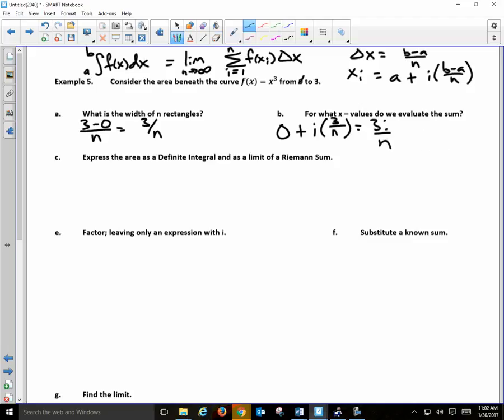Let's express the area as a definite integral and as a limit of a Riemann sum. So the integral says the area bounded from 0 to 3. What's my function? x cubed dx.